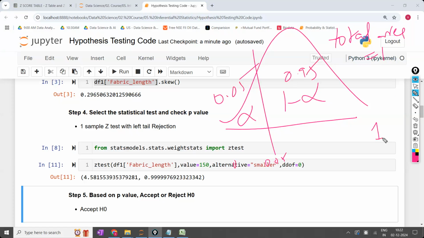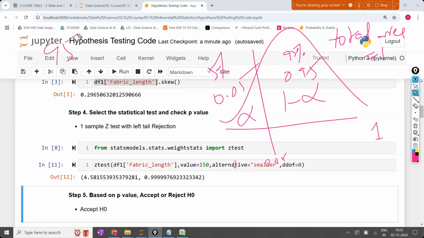Unnecessarily don't get confused with 5% and 95%. This is percentage. Value wise it is 0.05, 0.95. Percentage wise it is 95%.